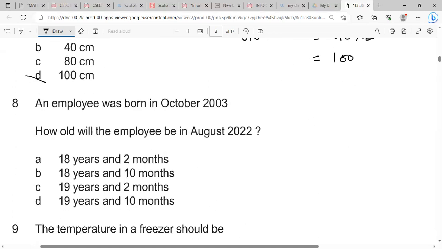So an employee was born in October 2003. How old would the employee be in August 2022? First of all, if you're born in October, you are super awesome. So let's acknowledge that fact. Next, we need how many months to go to 2004. So we have October, so let us say November, December.